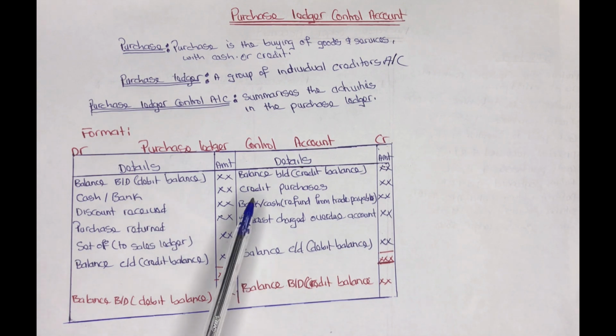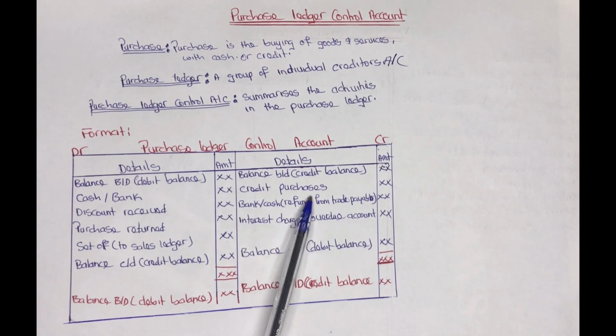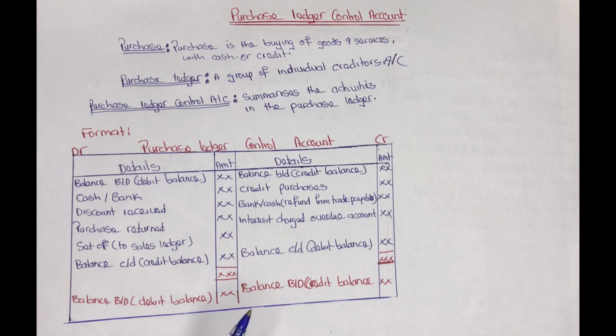We also have the credit purchase. Credit purchase is when the business goes to the supplier and takes some goods on credit. This amount is found in the purchase day book. And then we have interest charged on overdue accounts.